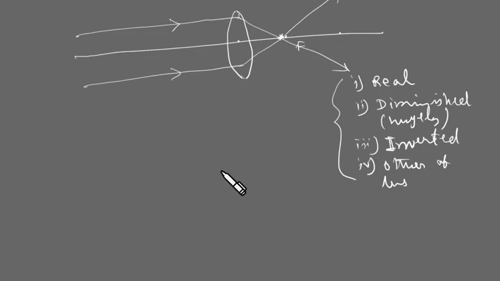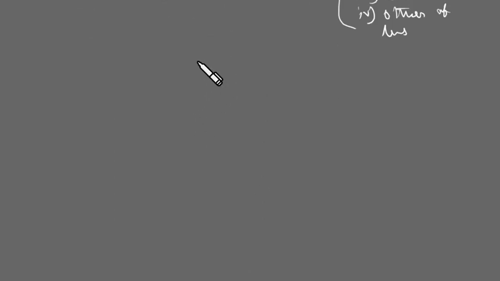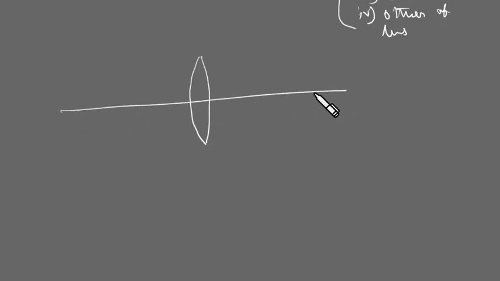Now, we know that when the object is placed at an infinite distance, the beam of light coming from that object is considered to be a parallel beam, right? But they are not necessarily paraxial. They can be coming in another direction also, something like this.